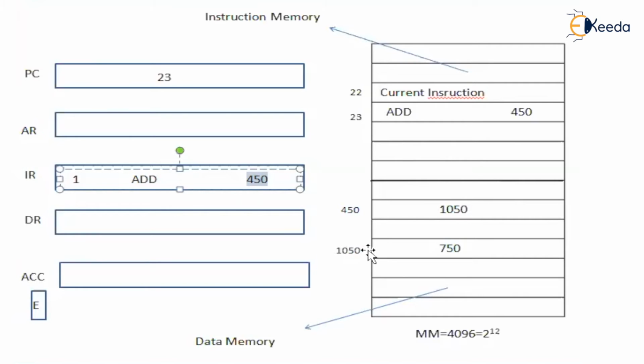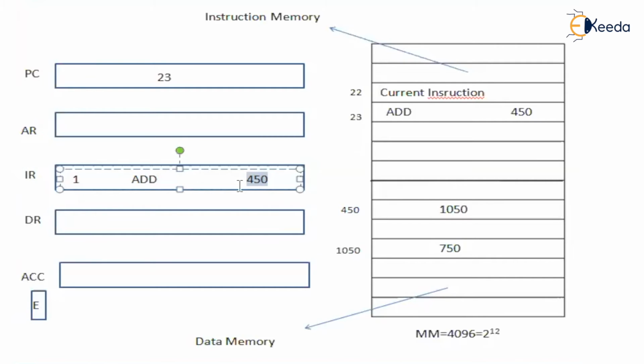Taking that address, when we go to that location, we get 750. Finally, the accumulator equals accumulator plus 750, because the operation specified by the opcode is addition. How do we know whether it is a direct or an indirect address? We are notified by the mode digit. If the mode digit is 0, then it is a direct address, and if the mode digit is 1, then it is an indirect address.